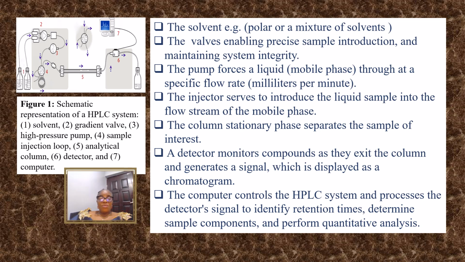The figure 1 on this slide represents the schematic representation of a HPLC system. 1 is the solvent, 2 the gradient valve, 3 the high pressure pump, 4 sample injection loop, 5 analytical column, 6 detector, and 7 the computer.